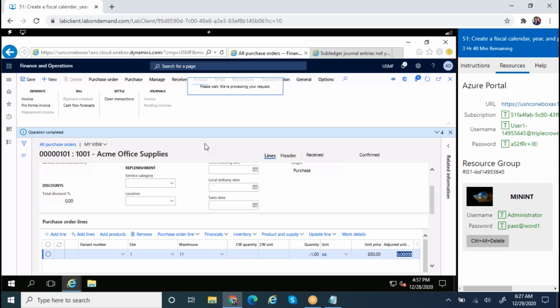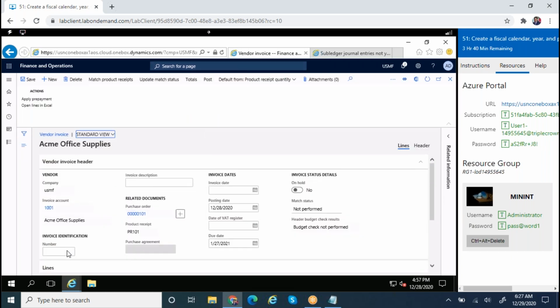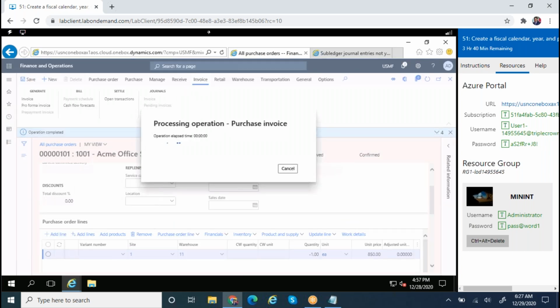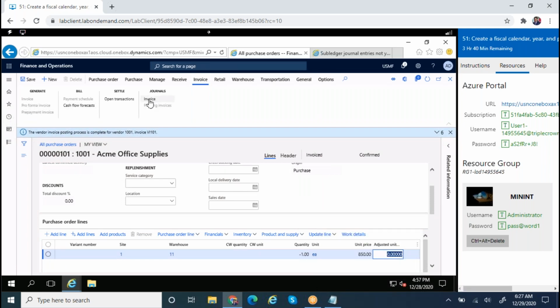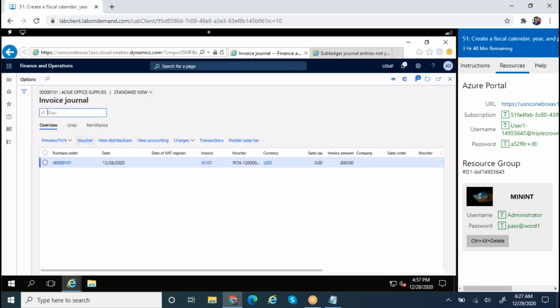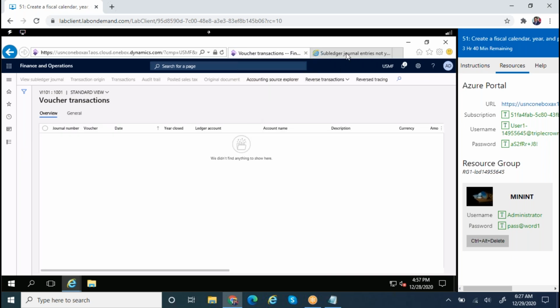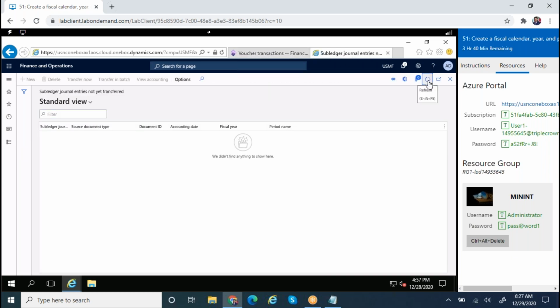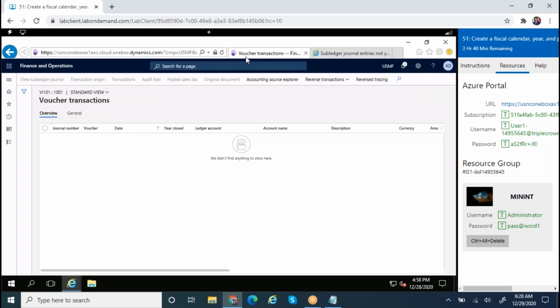Let me do the invoice. Now, if you verify the voucher, I think we need to run this transfer now once again. It will take 1 or 2 minutes. Okay.